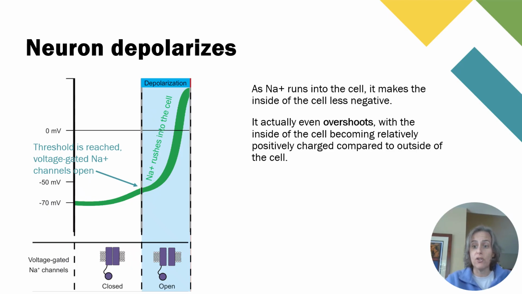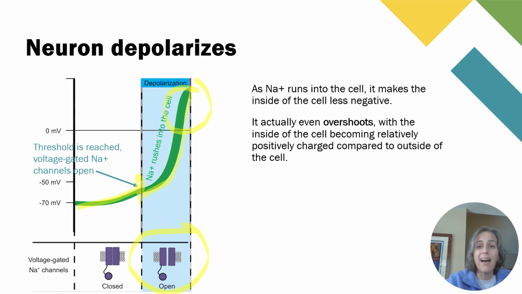So when we're measuring the voltage, we can see here, let's see if I can not press the wrong button. Okay, so here we reach threshold right there. These sodium gates open, positively charged sodium ions rush into the cell, so the cell becomes more positive. It becomes less negative. It gets all the way to 0, and then it actually even overshoots.